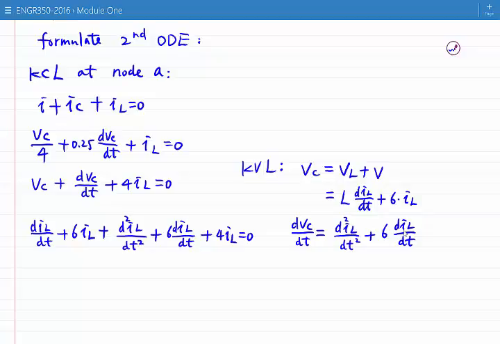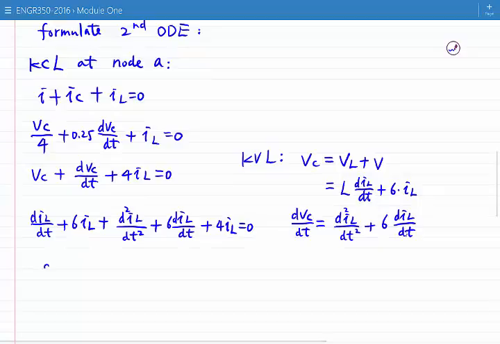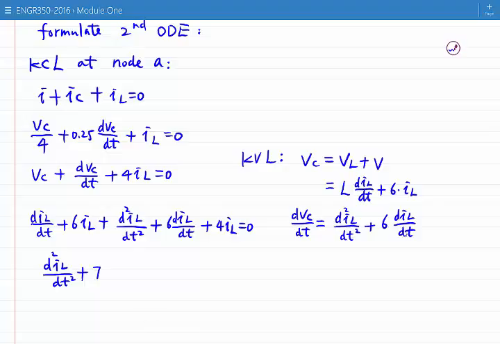Let's combine the terms. What we have here is the second derivative of IL plus 1 dIL over dt plus 6 dIL over dt, so we have 7 dIL over dt, plus 6 plus 4 is 10 IL is 0.